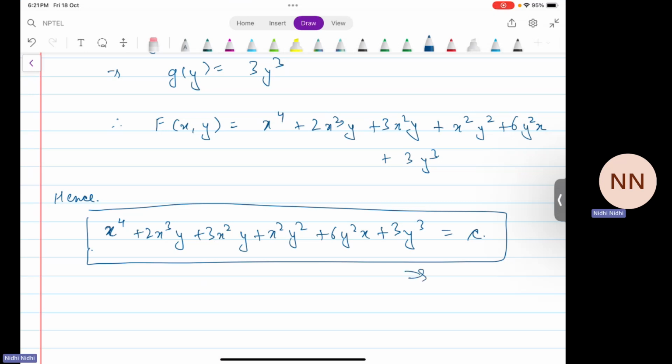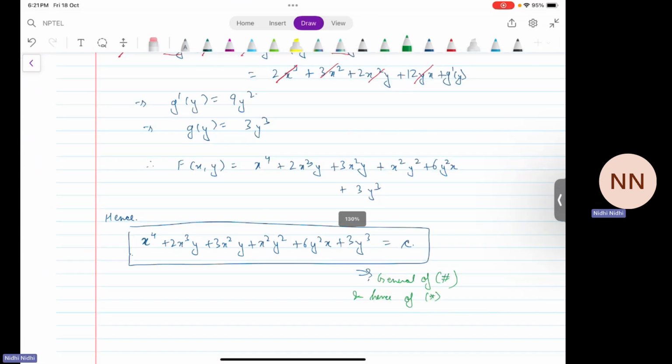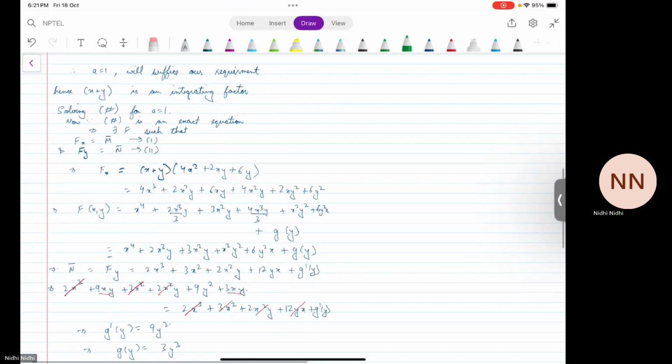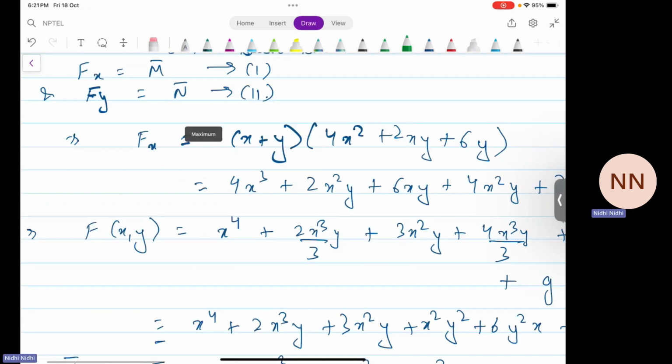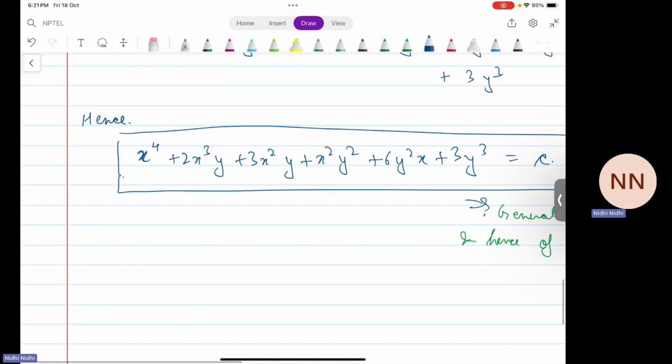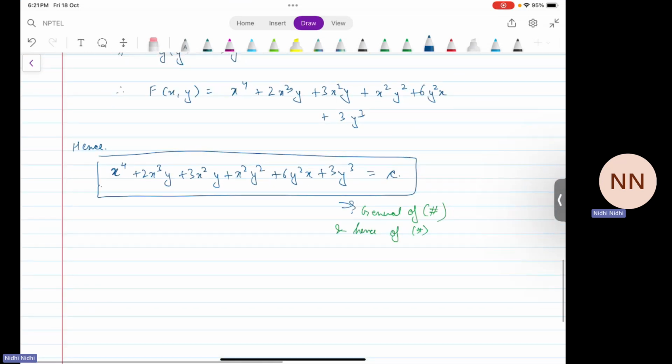This is the general solution of hash and hence of star. First, so this is second, this is third, and this was in star, this was 1.